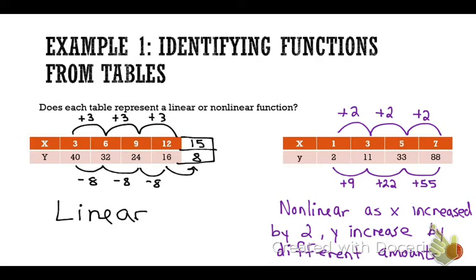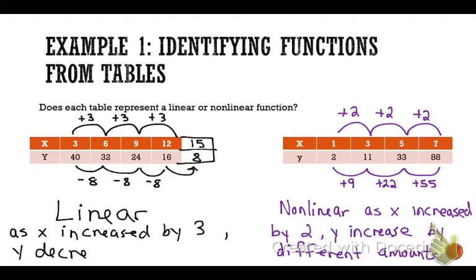The first one was linear because as x increased by 3, how much did y decrease by? Y decreased by 8. That's going to be your explanation, and you will have to give an explanation on your homework. All right? Good? Got it?